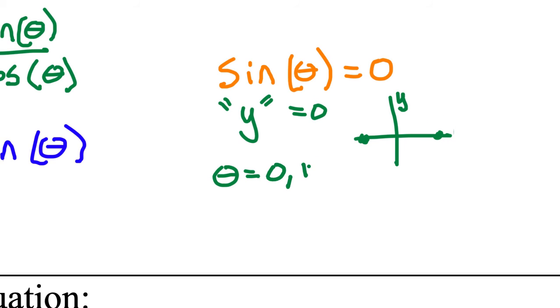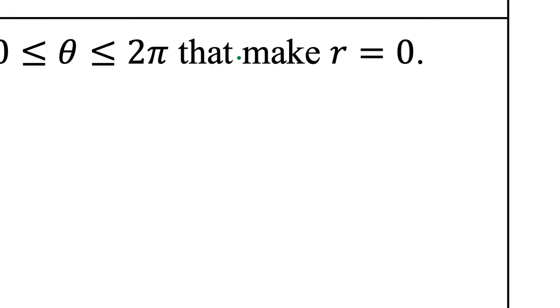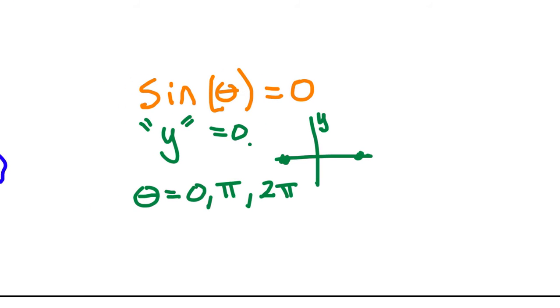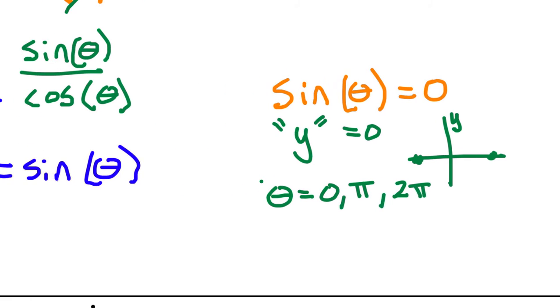So 0 and pi, and 2 pi. Be careful here because 2 pi is actually included in our bounds, so I do have to include that value too. So those are the three things that will solve the equation, but some of these might be bad values.